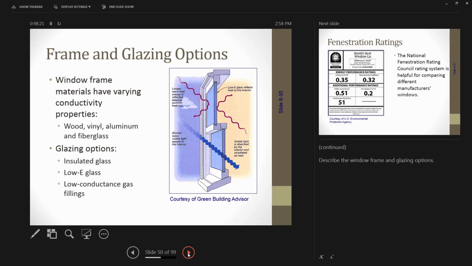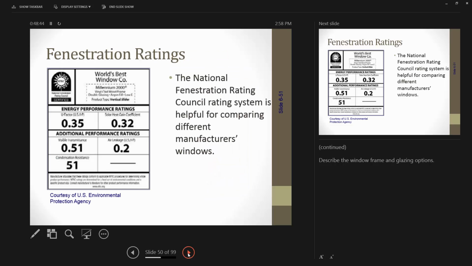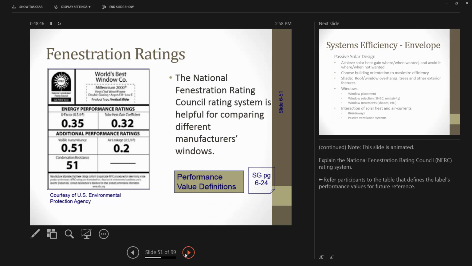In this climate, we don't necessarily see aluminum. You remember the material in our little K value table that has the highest K value is aluminum. Why they ever started making windows out of it, I have no idea. And then various glazing options, and we'll talk about these a little bit in a minute.